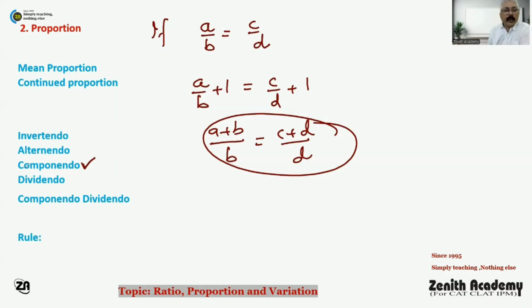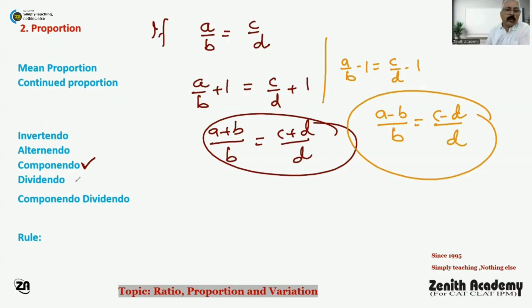Okay. If I subtract 1 from both sides, like A upon B minus 1 and C upon D minus 1, then this is A minus B upon B is equal to C minus D upon D. This is called dividendo.